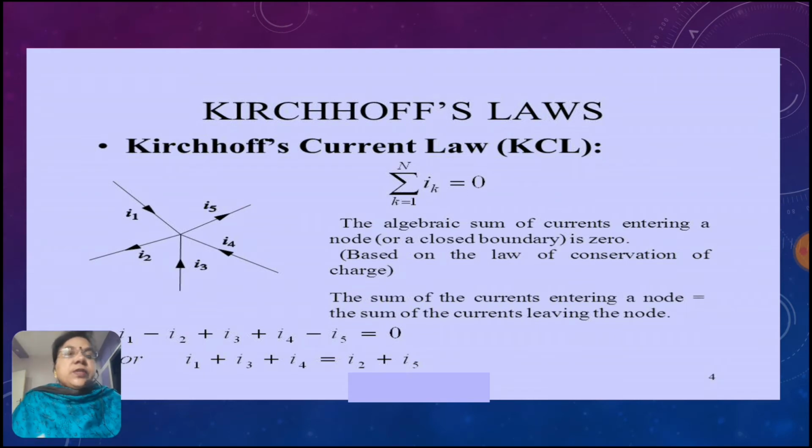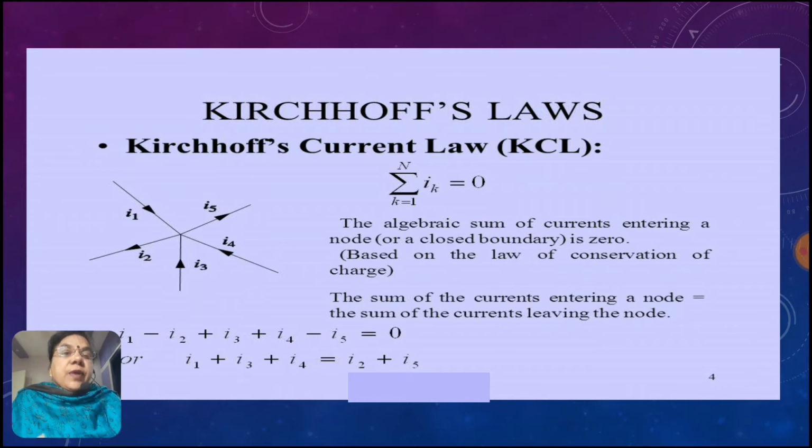So in this circuit you just see this is the node. At this node point, the currents I1, I3 and I4 are entering inside, and the currents I2 and I5 are going outside from the node.